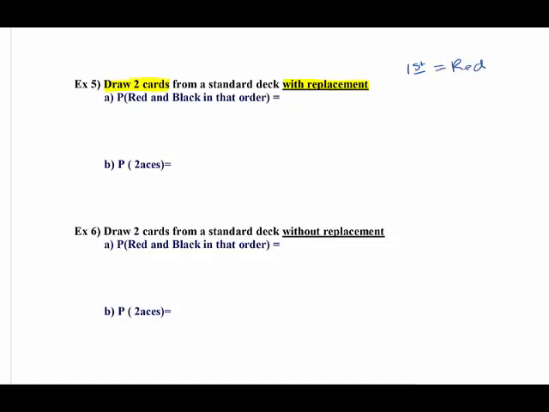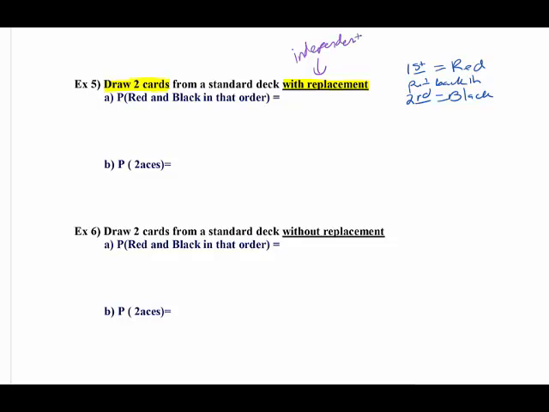And we look at it, we put it back in. And the second card, we want to be black. Now, I looked at the first card and I put it back in. So you have to ask yourself, does that first card affect the second card? No, because I put it back in the deck. So with replacement means that they will be independent, because I put it back in.